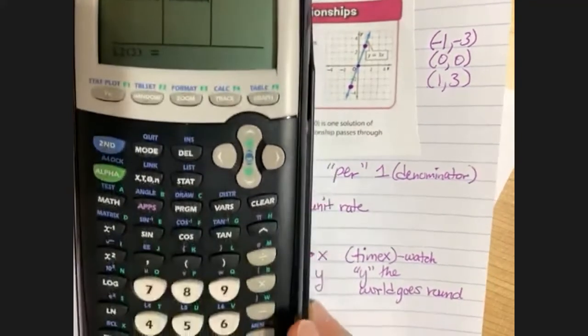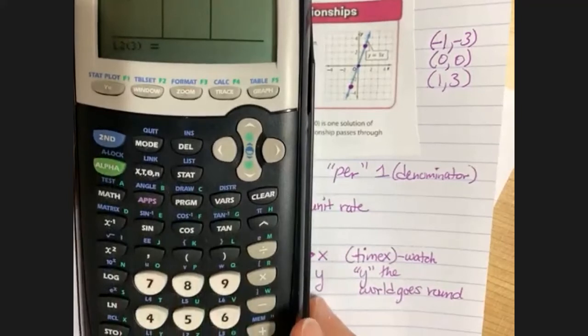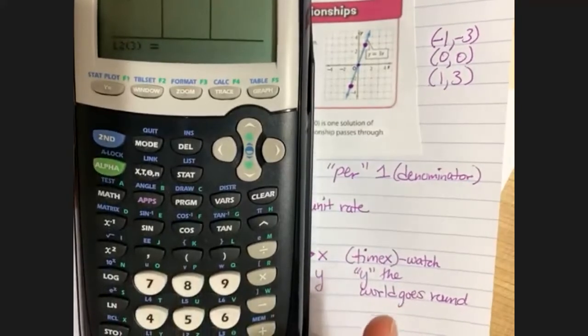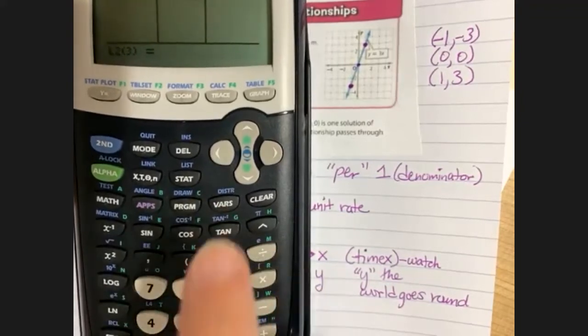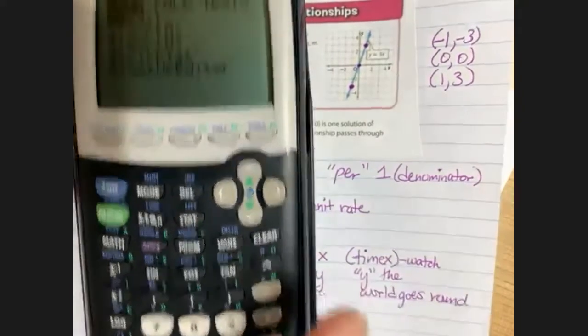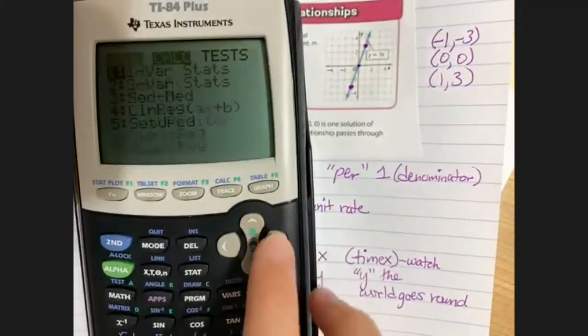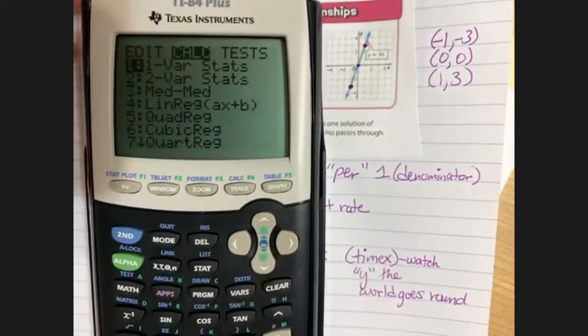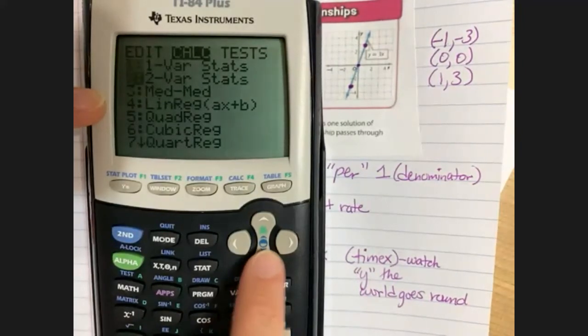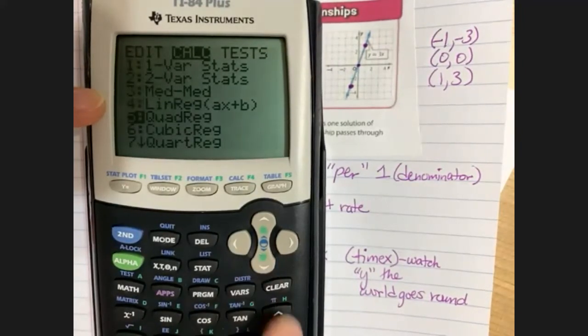And then at that point, if you want to see what the slope of the line is or what the equation of the line looks like, then you're going to hit your stat button again. And then you're going to scroll over this time to calculate, and you want it to calculate linreg or linear regression, which is number 4. So either hit the 4 button, which is just the number 4, or scroll to 4.